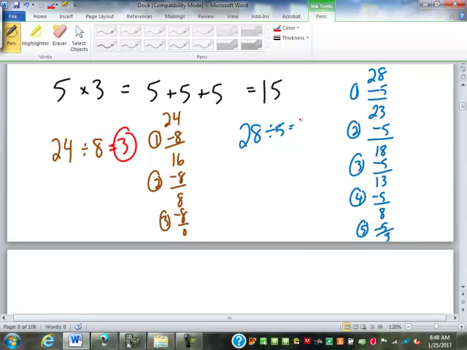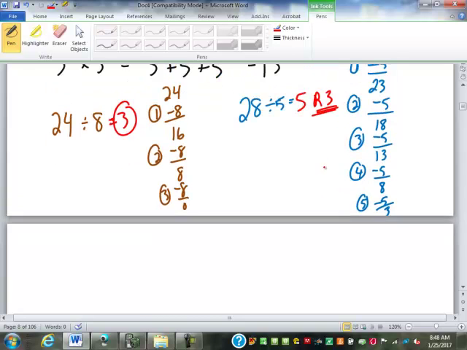So 28 divided by 5 is 5. I can subtract it 5 times with a remainder of 3. Now, how we express that remainder is going to vary, whether we're working with fractions or decimals or whatever. For right now, we're just going to leave it as remainder of 3. Just 5 R 3 is fine. No, just R is fine.